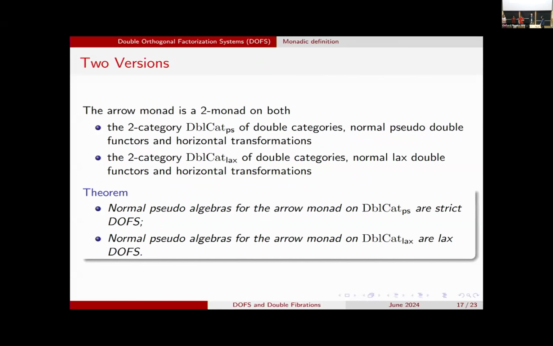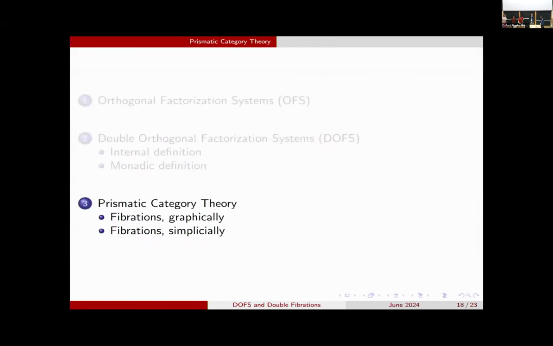So our theorem is that in both cases, if we consider the pseudo-algebras in that monad, we get our strict double orthogonal factorization systems or our lax double orthogonal factorization system.